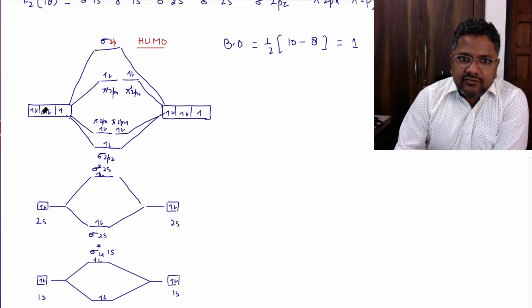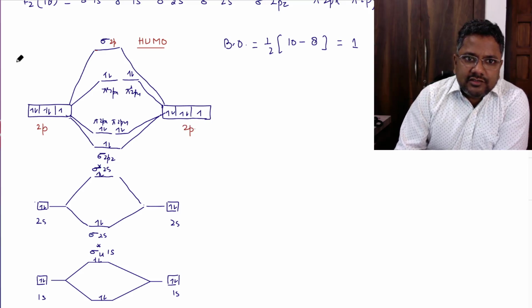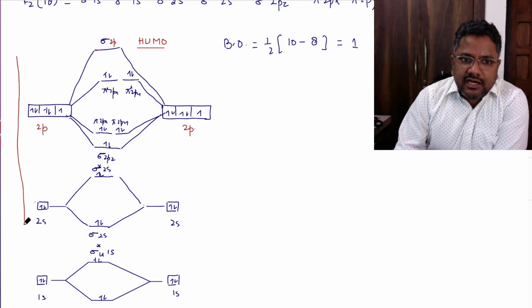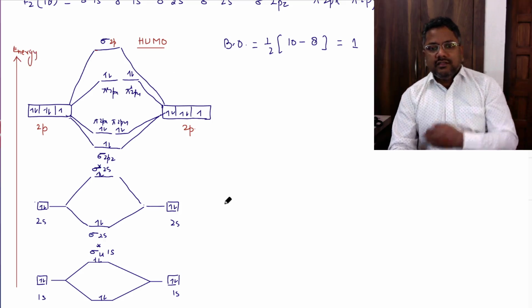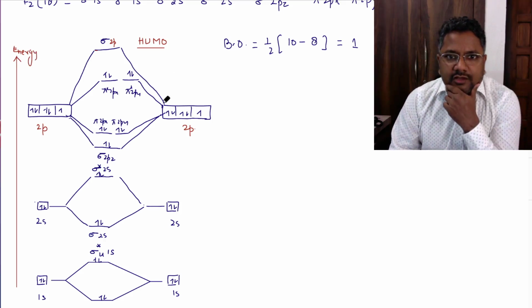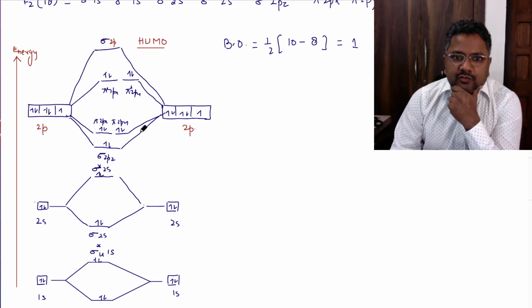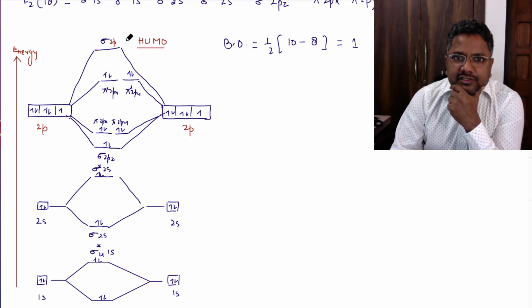Highest in what term? Highest in terms of energy, right? So if the question is asked to tell the highest unoccupied molecular orbital, in this F2 molecule, it is sigma 2pz.